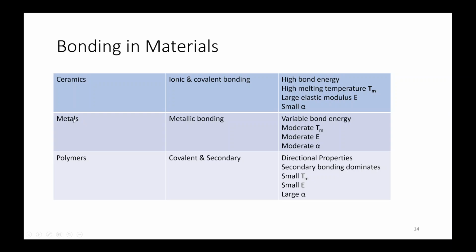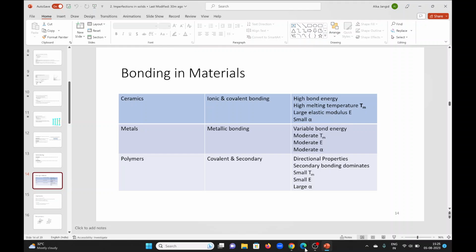Other is metals. In case of metals, they'll be having metallic bonding. So these have variable bond energy and they have moderate melting temperature, moderate elastic modulus and moderate thermal expansion coefficient. In case of polymers, they have two types of bonding. Along the chain, they have covalent bonding, and between the chains, they'll be having secondary bonding.